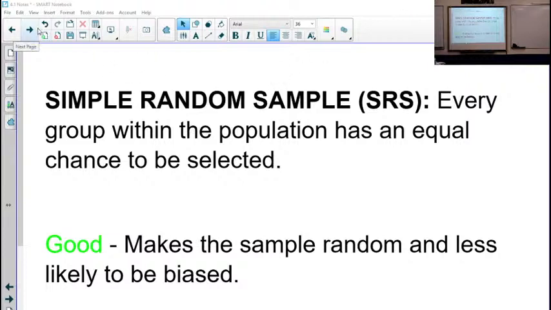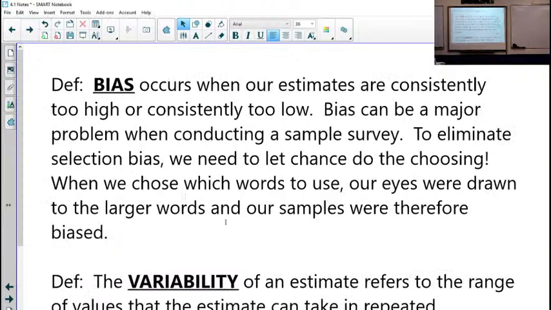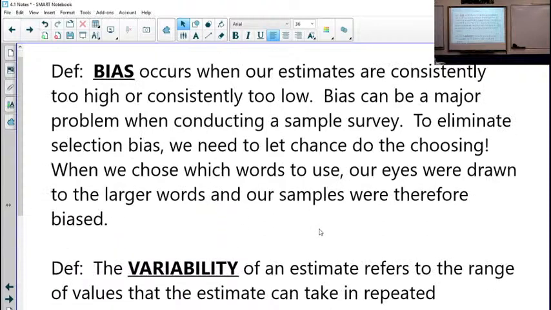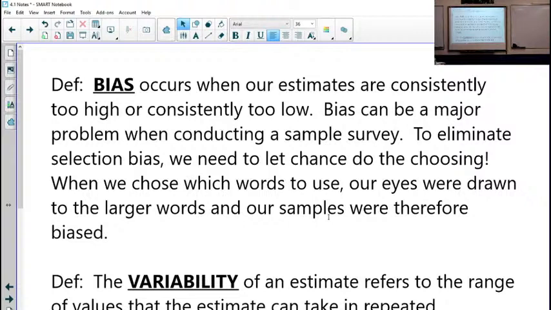So I've talked about bias. I don't want us to confuse that with variability. So I want to talk very quickly and say we have two different ideas of what these look like. These are back near the start of your notes. So bias is when there's actually something with the method of our sample that's causing the results to move a certain way.